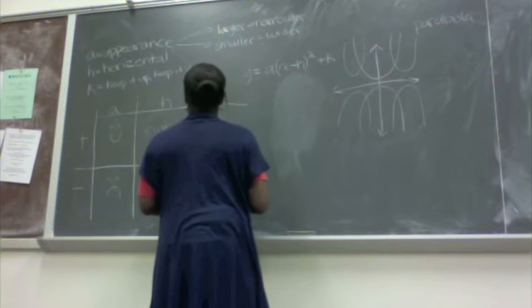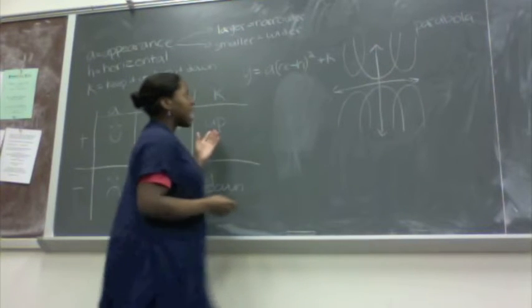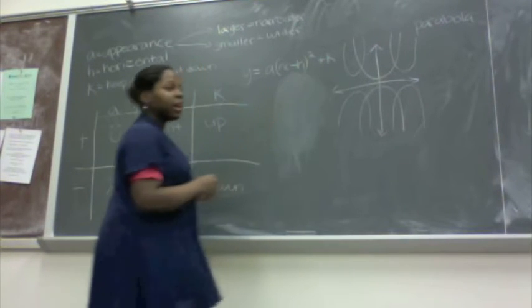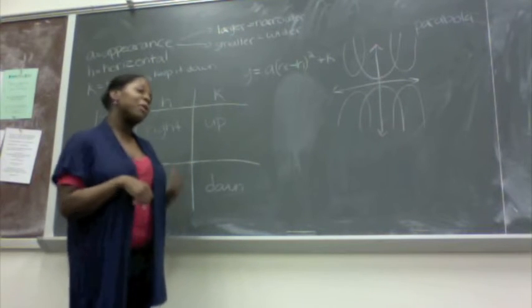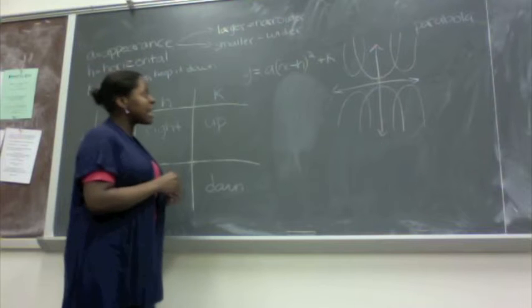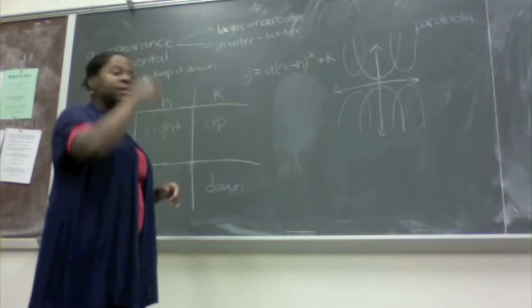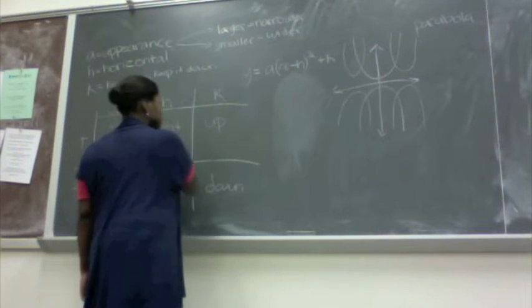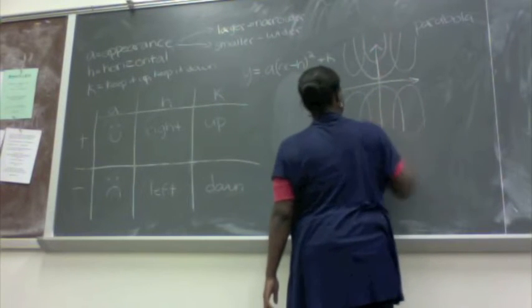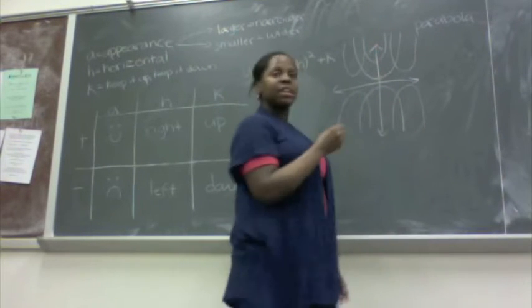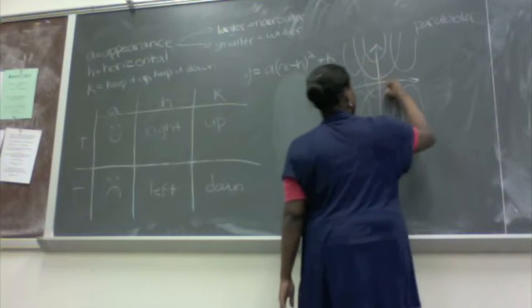Okay. And the last part is k, which as you see is right there. So k stands for keep it up or keep it down, meaning that it moves the parabola up and down. So if k is positive, the parabola would move this way. If k is negative, it would move down this way.